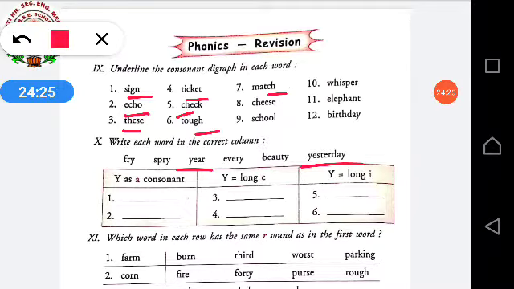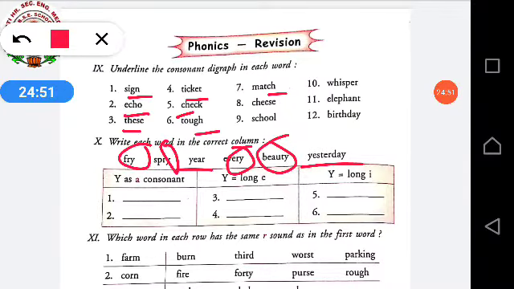Second, Y as long E. Which is the long E? Every, beauty. Okay, and long I. Fry, I pronunciation is coming.